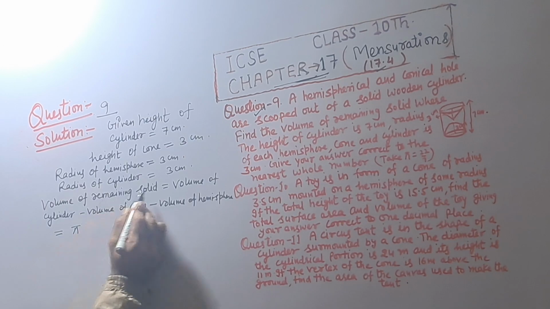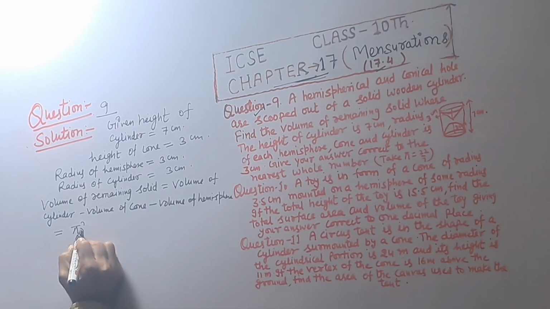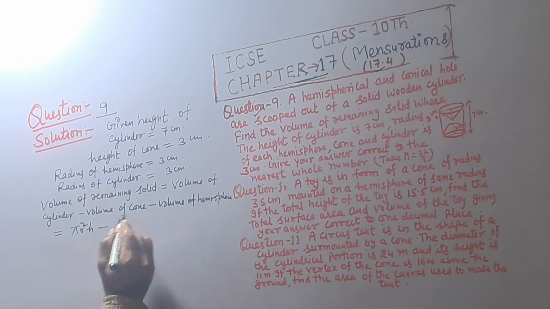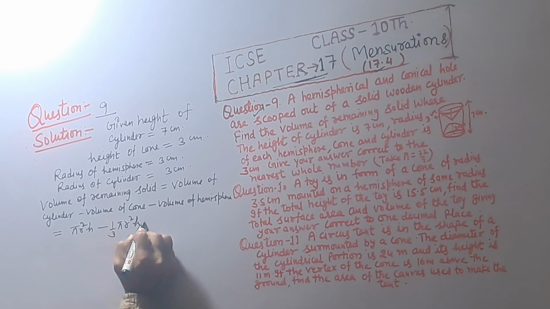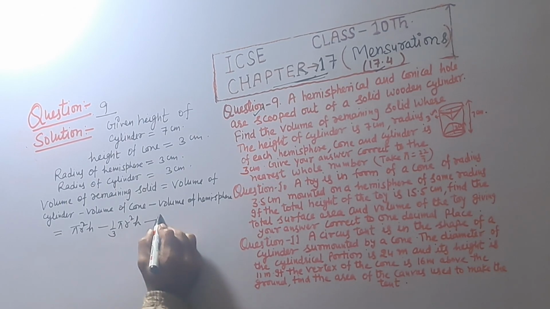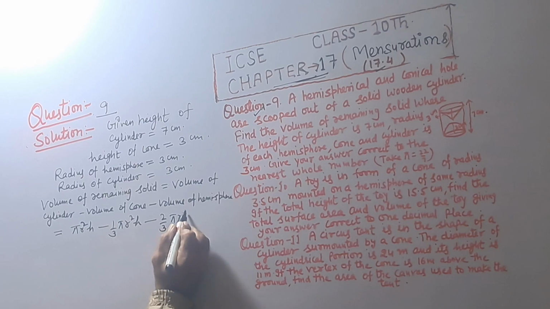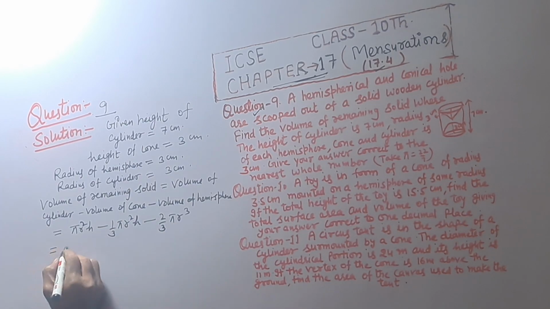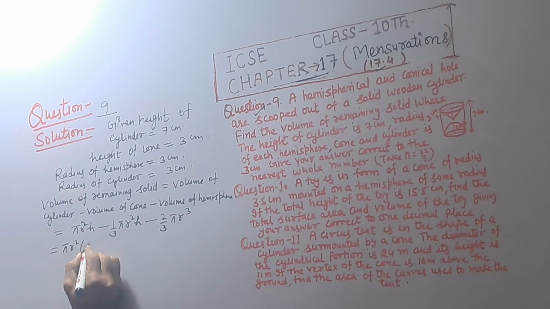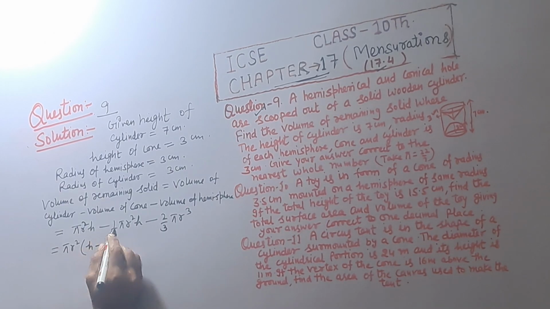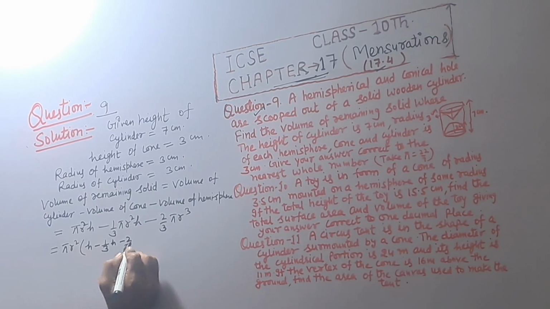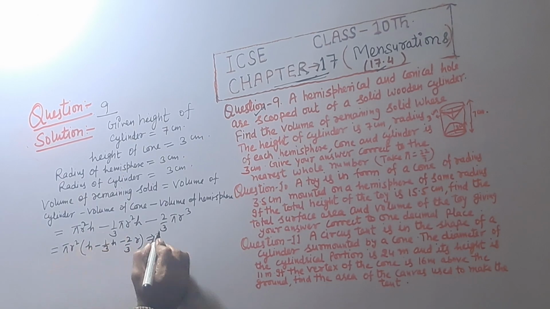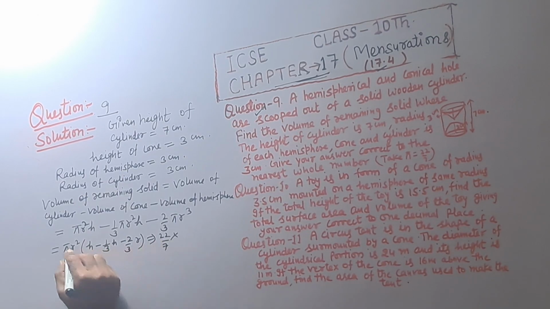That is equal to volume of cylinder, pi r square h, minus volume of cone, 1/3 pi r square h, minus volume of hemisphere, 2/3 pi r cube. That is equal to pi r square common, h minus 1/3 h minus 2/3 r, which implies pi is 22/7 and radius is 3.